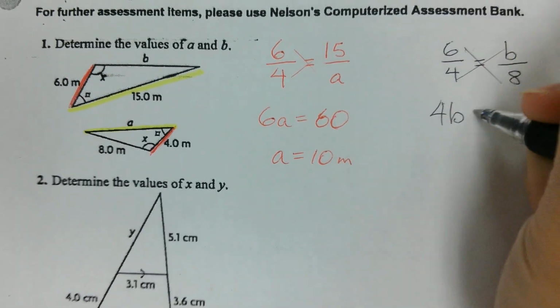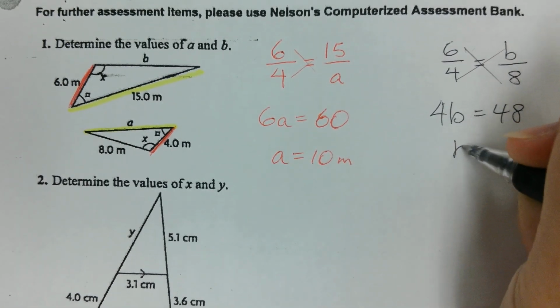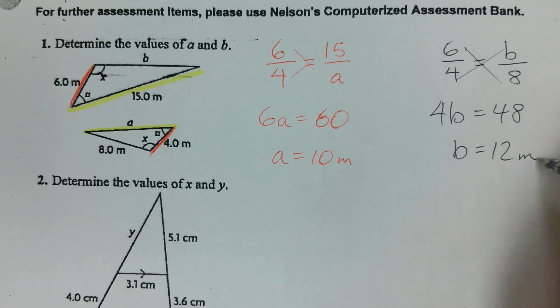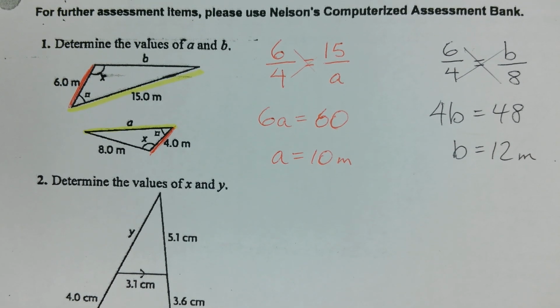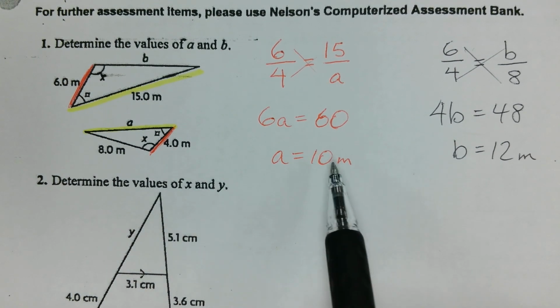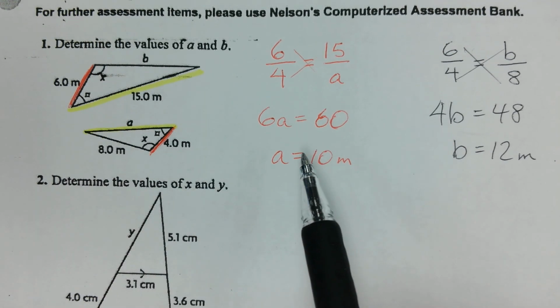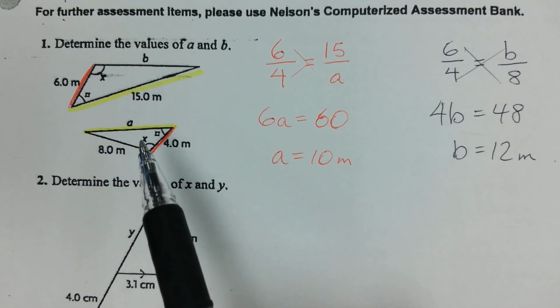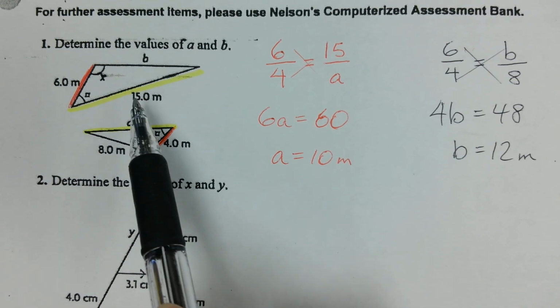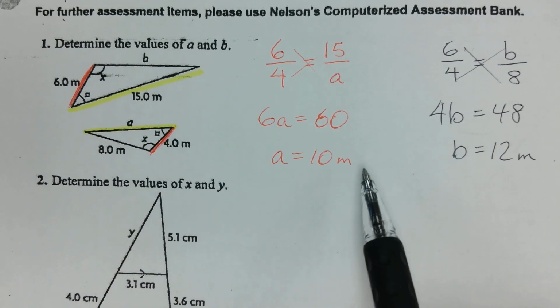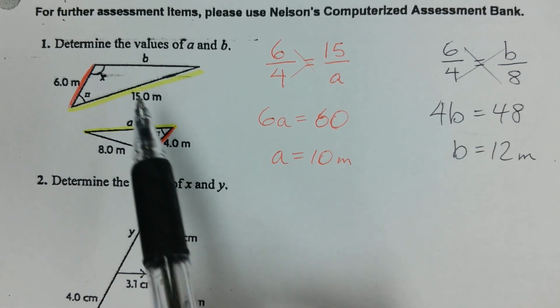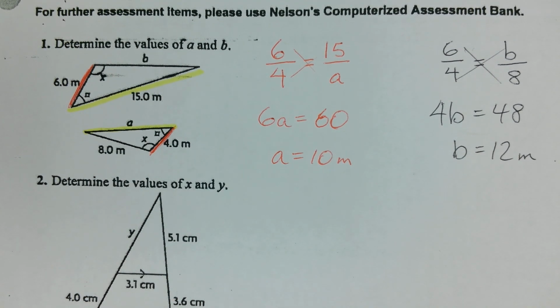So 4B equals 48. So B equals 12 meters. Okay. And if you sub it back into the original diagram, you can see that, okay, it makes sense. The numbers are not way off. If, let's say, I get 100, I know I probably made a mistake.